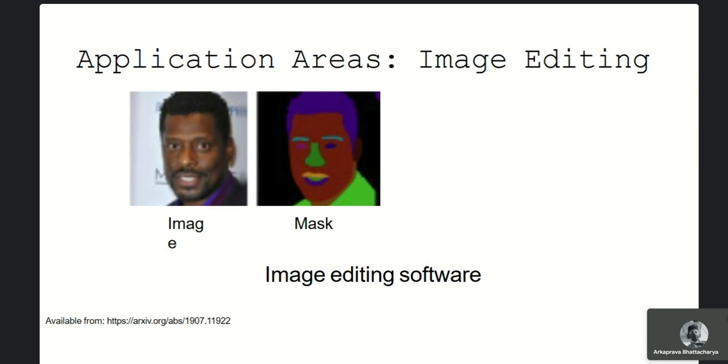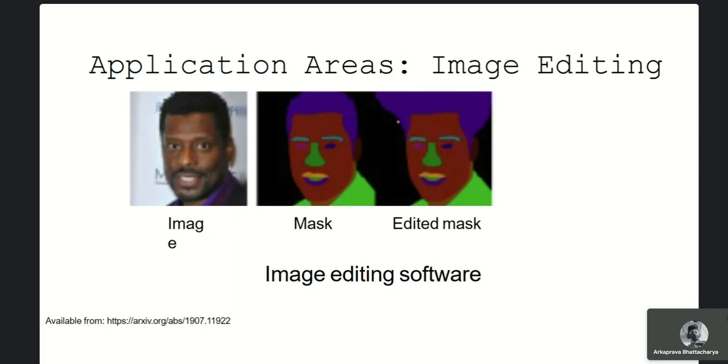So another cool application of GANs is image editing. So you are given an image and you are given a mask of this image. Mask is basically telling, or if you can see, you have different colored regions. So this is telling different classes that are present, or different image features that are present in your image. So what we can do is we can change this mask a little bit.